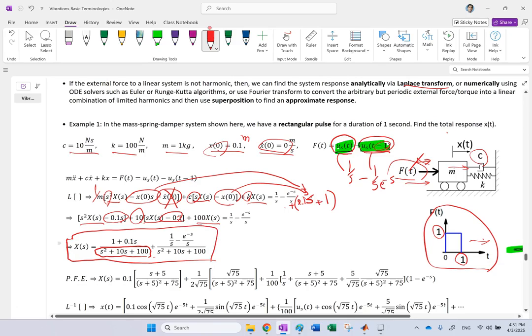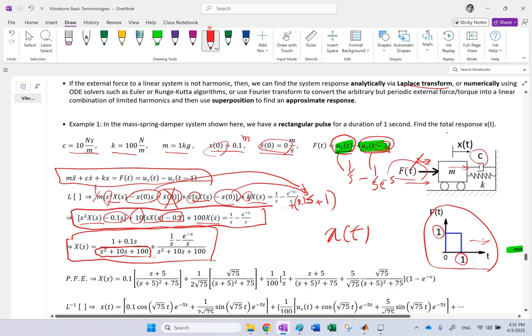So remember, the goal is to find x of t. But now I found the Laplace of x of t so far. I solved for Laplace of x of t. And the good thing about Laplace transform is it converts your differential equation into what kind of equation? What kind of equation is this? You're right. Here, if I wanted to solve for x of s, it's just algebra.